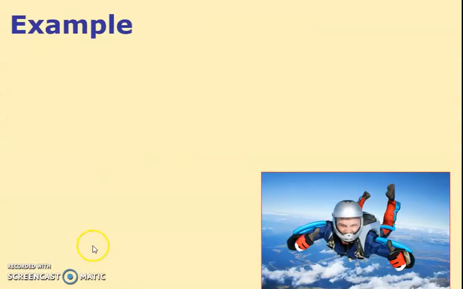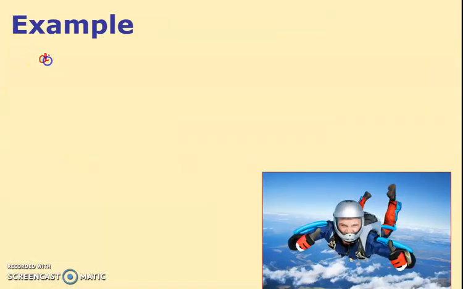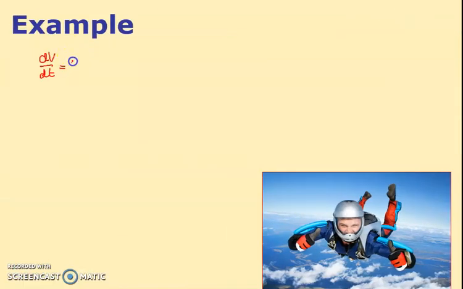The question is, oh, this gives me an extra question. I'll worry about that in a bit. So I've got dv by dt equals 9.8 minus a 75th of v. Of course, what I need to do is move this little lot over to there and move the dt back again. So that would give me the integral of 1 over (9.8 minus a 75th of v) dv is equal to the integral of dt.